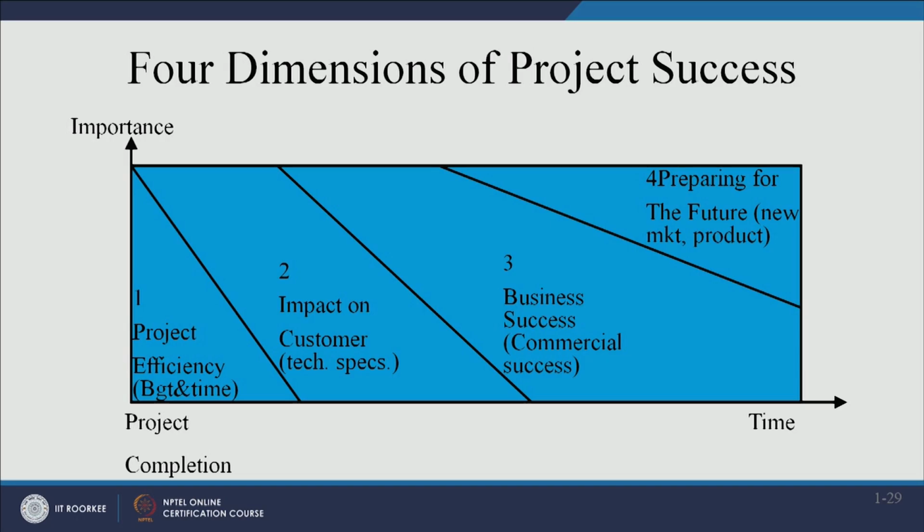The third one is business success, and the fourth one is preparing for the future, because whenever you take up a project, it should help you in future. It should not only be useful in current times, but it should also be useful in future as well.